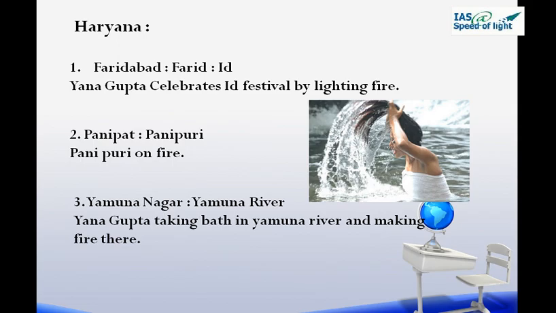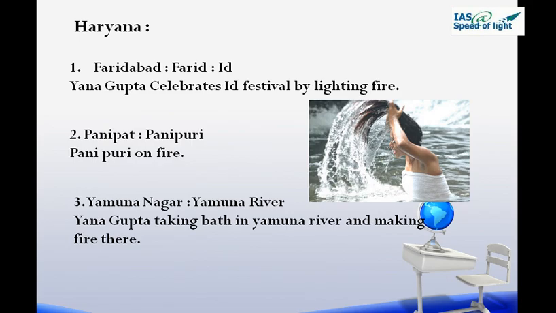Okay, so that special pani puri, again you have to visualize it. You have to concentrate on that pani puri. If you can close your eyes, if you can see that picture of the pani puri seller in your mind, and how that pani puri seller is selling those pani puri to Yana Gupta by heating them on fire. So again, Yana Gupta, Pani Puri, we are relating it with fire.